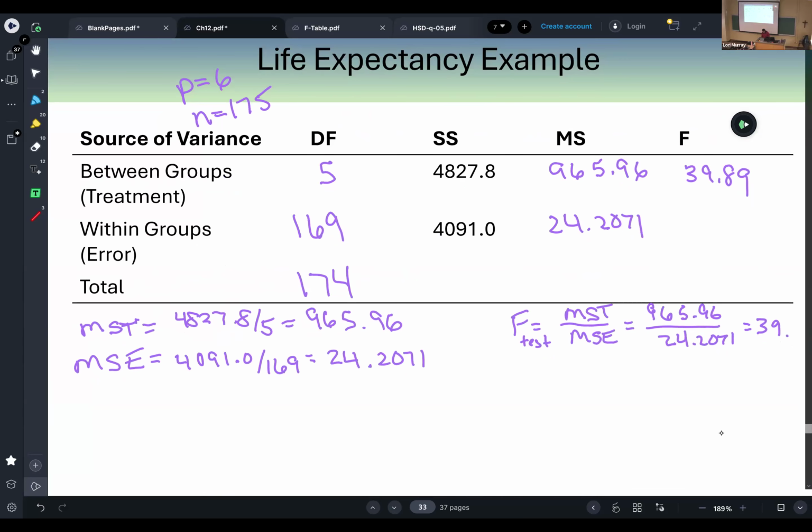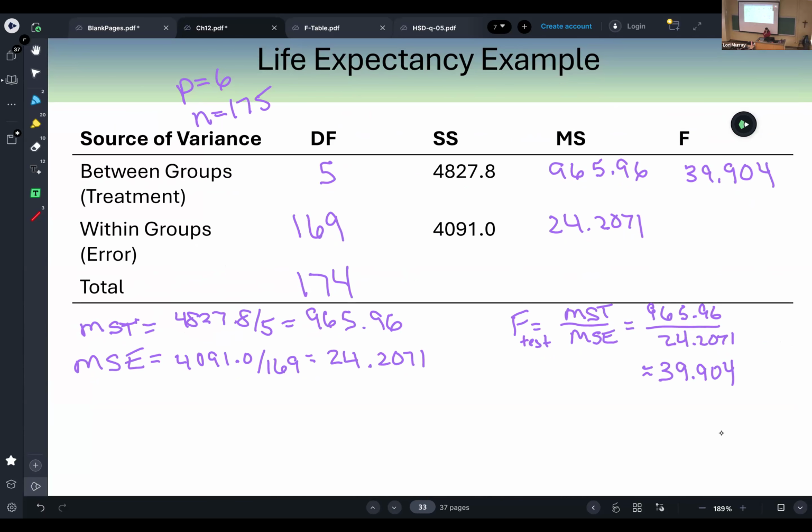That's good. Give myself some room. I get 39.904 if I want to be really precise, and it's good to be carrying to 3. If you don't see me carrying to 3, we need to be carrying to 3 for test purposes.